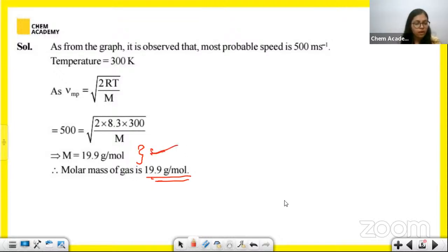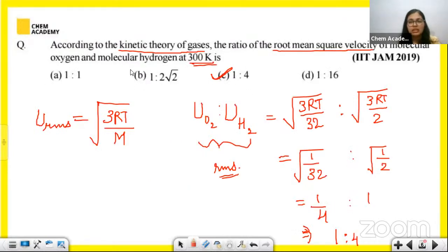Okay. Now, the next question is, according to the kinetic theory of gases, the ratio of root mean square velocity of molecular oxygen and molecular hydrogen at 300 Kelvin is. Now, we know the formula for root mean square velocity. Earlier we did what?